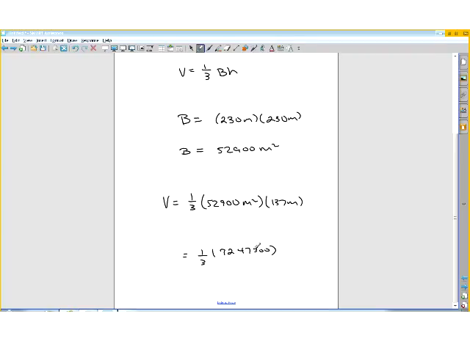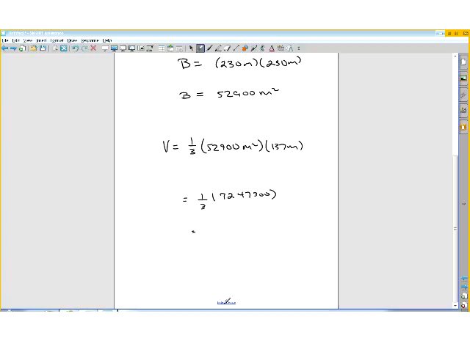And then we have to divide by 3. And so the final volume is 2,415,767, and that's meters cubed. Approximately 2,400,000 meters cubed, which is a lot of meters cubed.